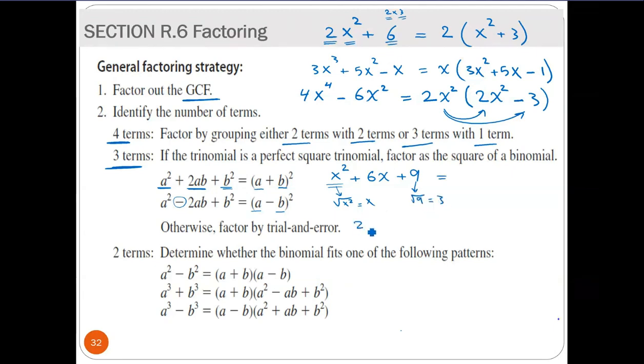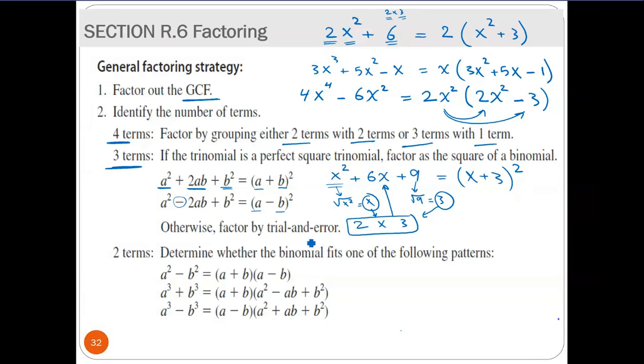So multiply 2 with x with 3: 2 multiplied by x multiplied by 3 gives 6x, which is the second term. So we have the perfect square. This equals x plus 3, all squared. Like this.